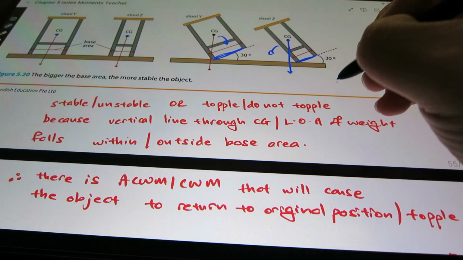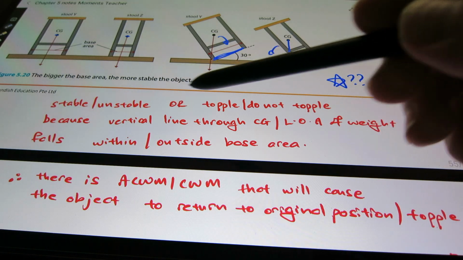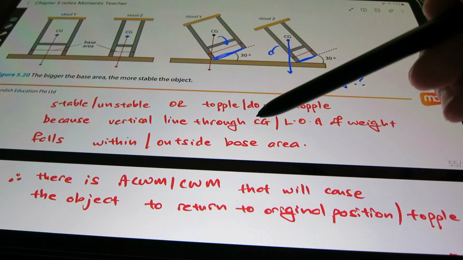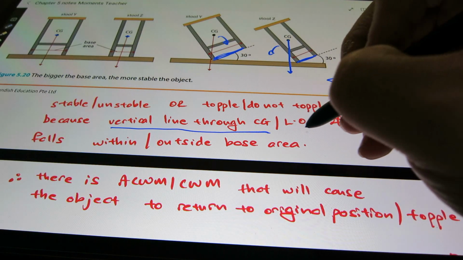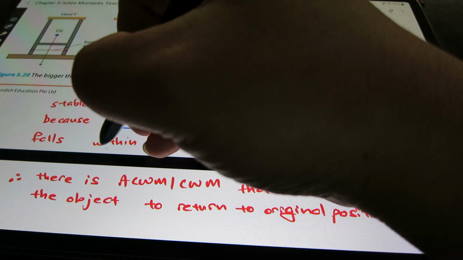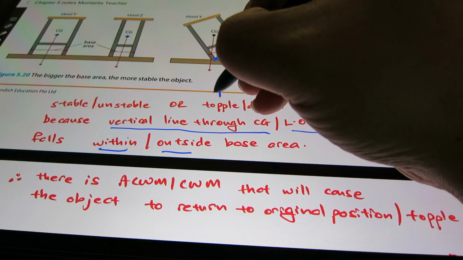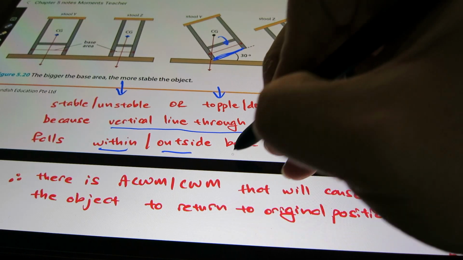This is how you will answer why an object topples or why an object is able to return back to its original position. An object is stable or unstable, or rather topples or does not topple, when the vertical line through the CG, or you can say the line of action of the weight, falls within or outside the base area. If it is going to topple, then it is outside the base area.